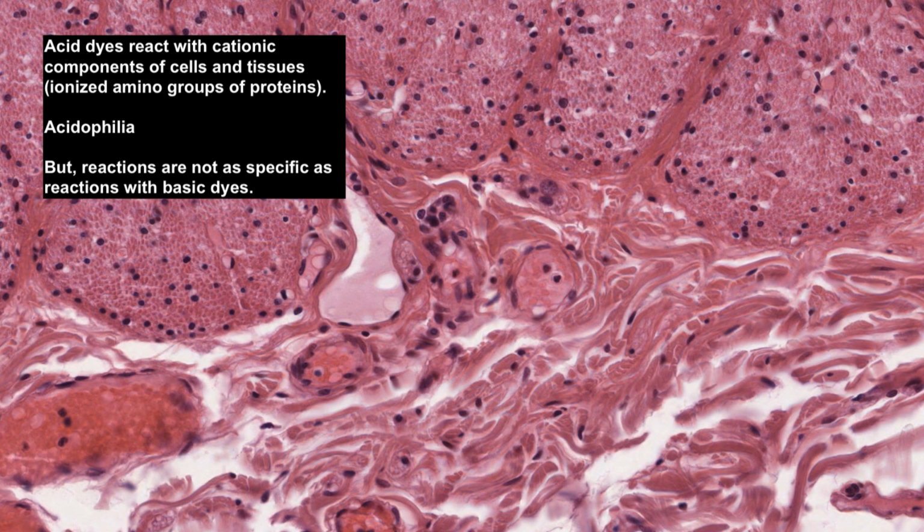In the case of reacting with eosin, we sometimes refer to them as being eosinophilic, as well as being acidophilic. One issue about acidophilia is the reactions are not as specific as the reactions are with basic dyes such as hematoxylin.